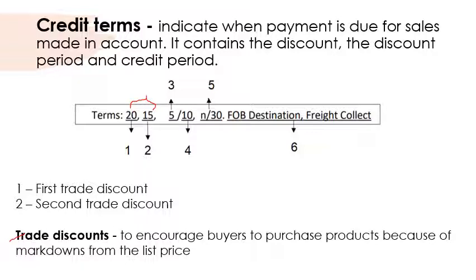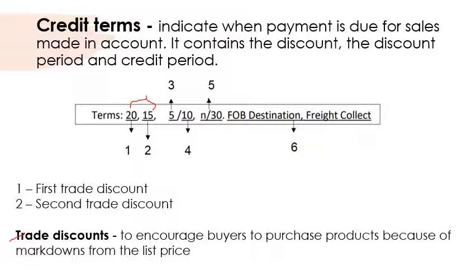The trade discount is a reduction in price of the product sold, but this reduction is not recorded in the books of accounts. The trade discount, when deducted from the list price, gives you the invoice price.